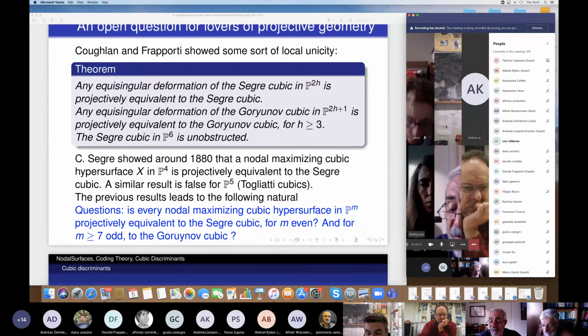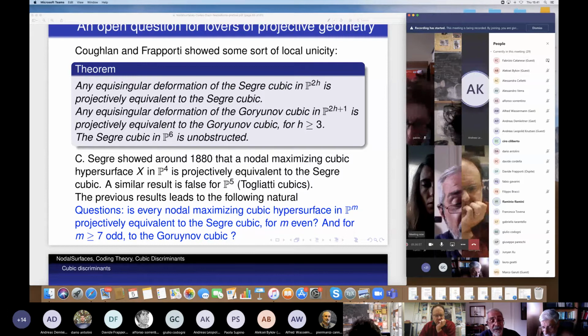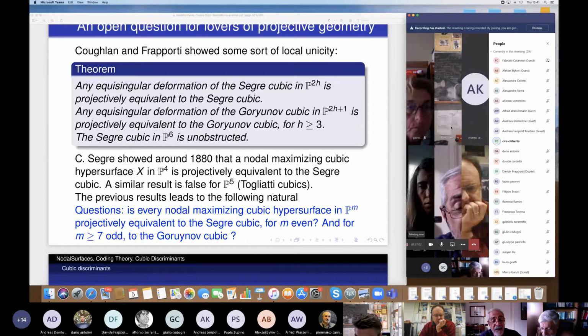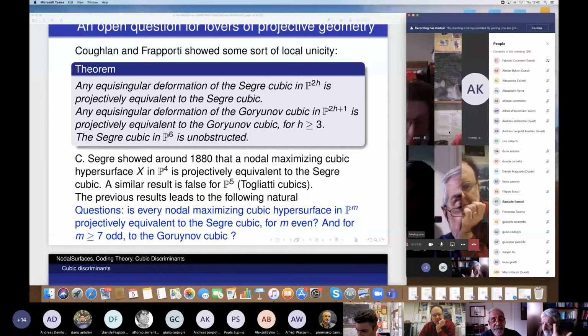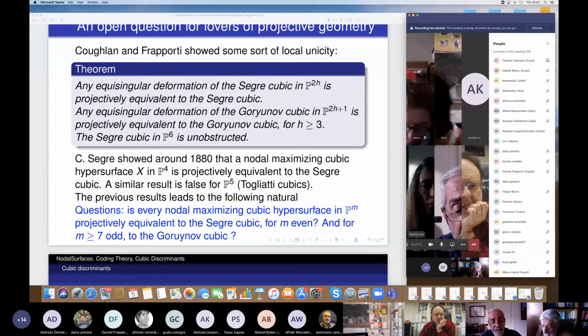I have a question. Do you know any obstructed component of the Severi variety? Obstructed component. Yes, as I said, there are components which are obstructed for high degree. You take the Segre hypersurfaces and so on.